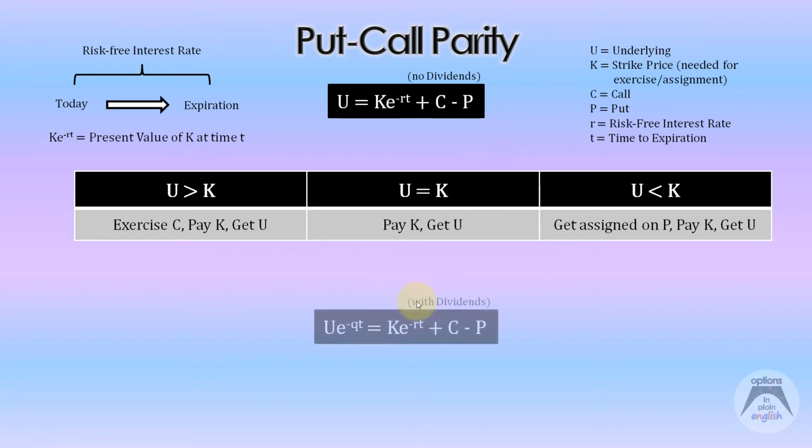Now we're going to analyze the same thing with dividends. If you have a dividend, what's going to happen if you evaluate this formula, which is put-call parity, if you know that there's a dividend coming up?